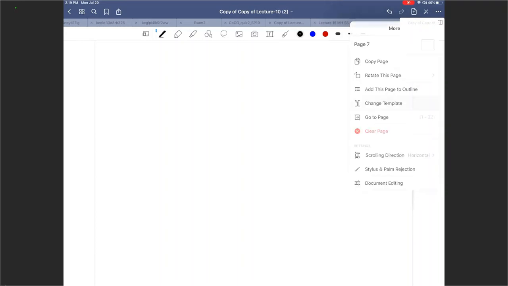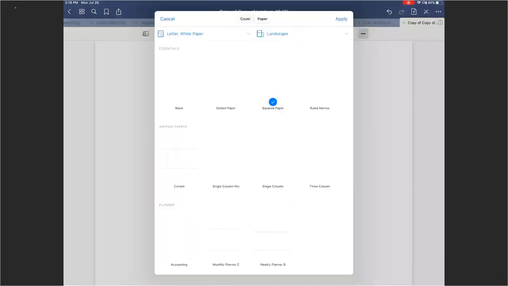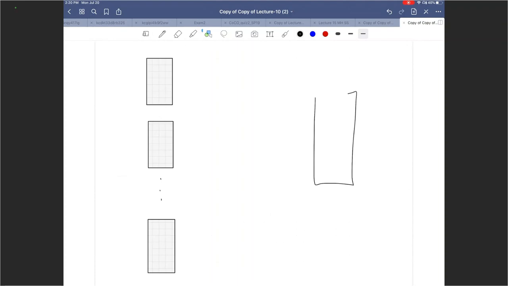Let me change the template to something that is good. So suppose you have one 8-bit register here, one 8-bit register here, and so on, and another 8-bit register here, right? And this is all connected to another 8-bit register over there.